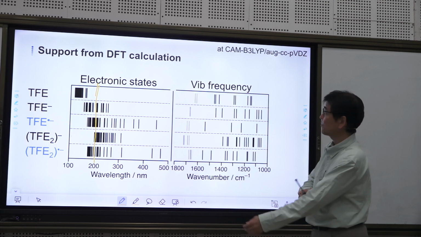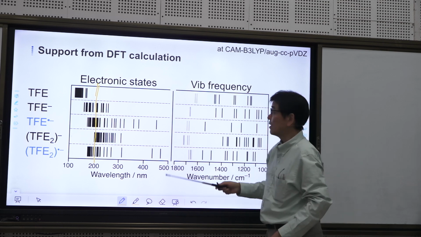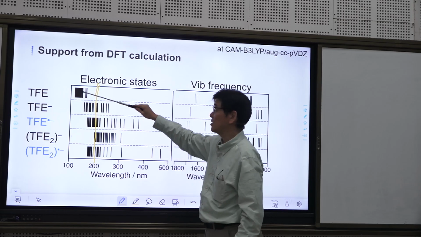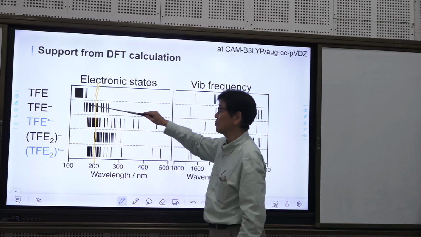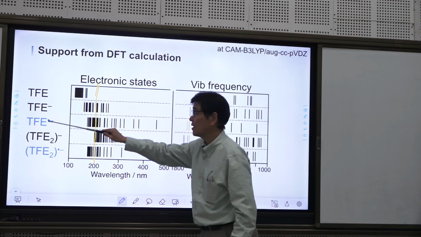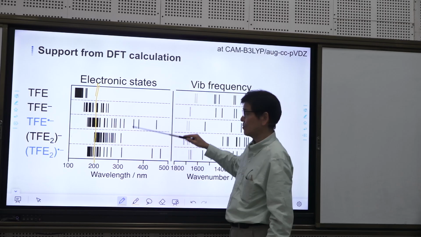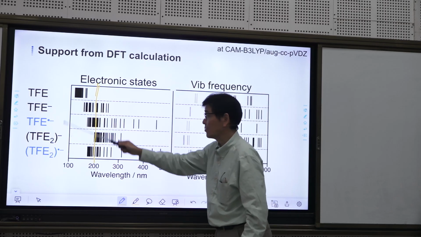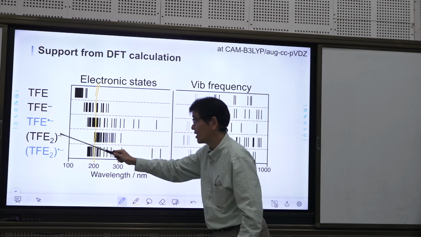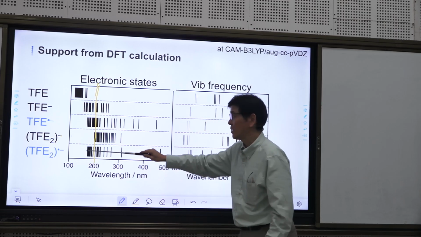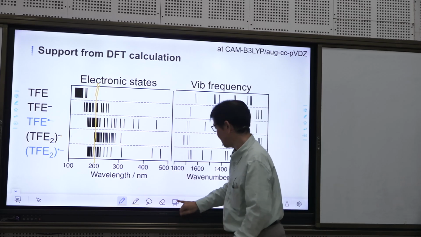Okay? And by forming the anionic form, the distribution of the electronic states becomes broader. Radical anion has a broader distribution. It's also the case for the dimer anion and dimer radical anion.